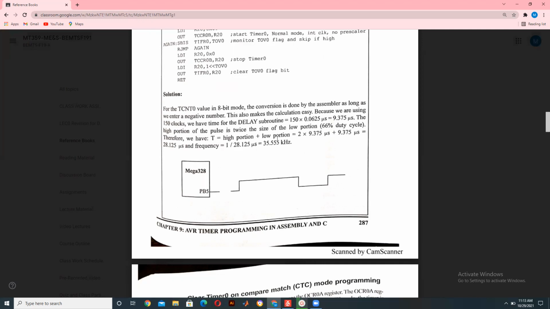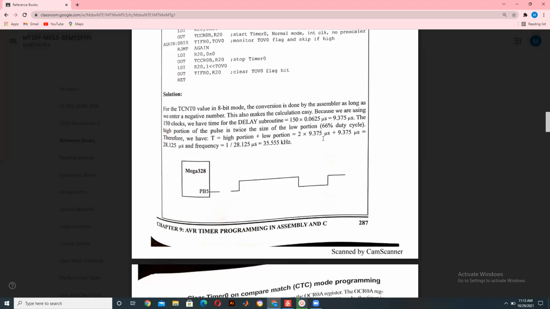So what we would be doing now is that we're getting 66%. The high portion of the pulse is twice the size of the low portion. So we would be getting a 66% duty cycle, and the time of the high portion is equal to 2 multiplied by the 9.375 that we had calculated before.